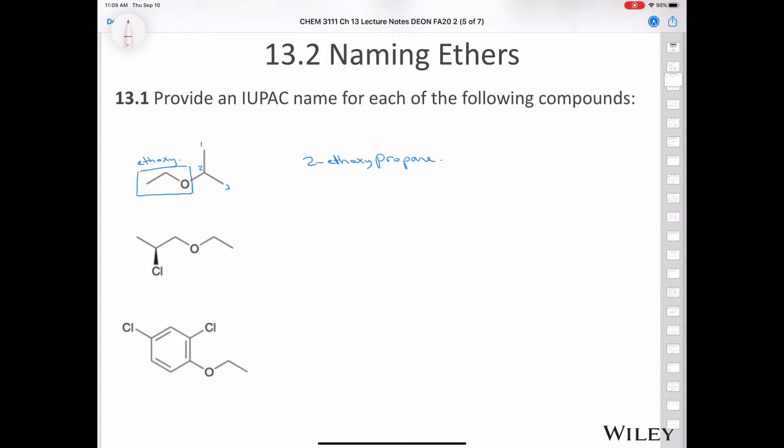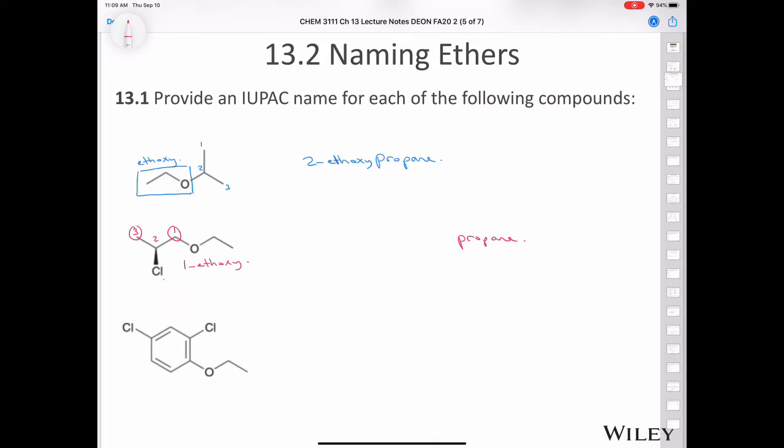Let's give the next one a try. We do the same thing. We find the longest carbon chain, 1, 2, 3. The reason I started numbering with this carbon here instead of this carbon is because my groups are going to be at carbons 1 and 2 as opposed to 2 and 3. And so there's our longest carbon chain. So this must be, again, some kind of propane. We're hooked on the propanes here. What else? We have an ethoxy group on carbon 1, so we have a 1-ethoxy.